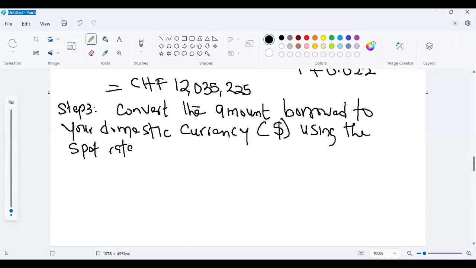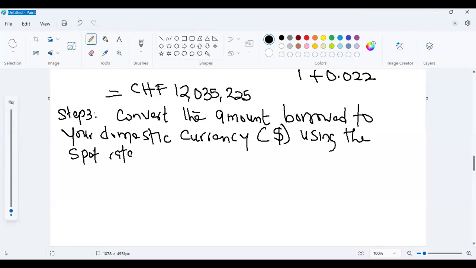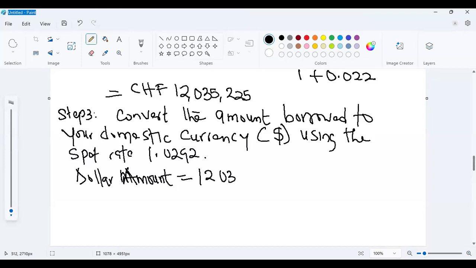We are going to approach the currency dealer. We are going to sell, bank will buy. That means bank will buy at the lower spot rate. The lower spot rate is 1.0292. So if you want to convert the dollar amount, 12,035,225.